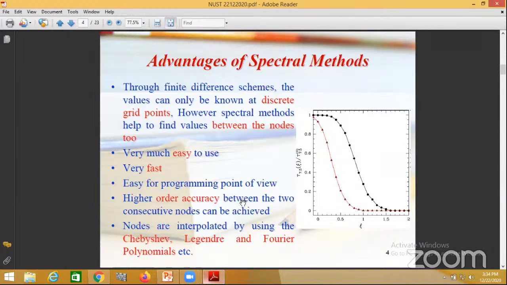Higher order accuracy between two consecutive nodes can be achieved. In these methods, nodes are interpolated by using Chebyshev, Legendre, or Fourier polynomials, depending on the domain and the boundary condition. You may opt to choose Chebyshev polynomial, Legendre polynomial, or Fourier polynomials. Any of the polynomials can be used to represent the spectral matrix.